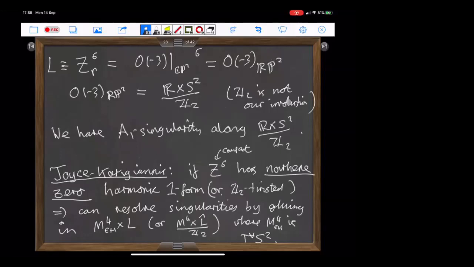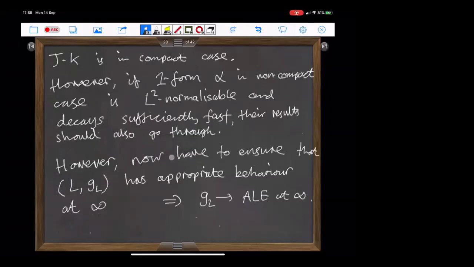And I remind you that the Eguchi-Hanson space as a manifold is the cotangent bundle of S2. Now that's in the compact case.